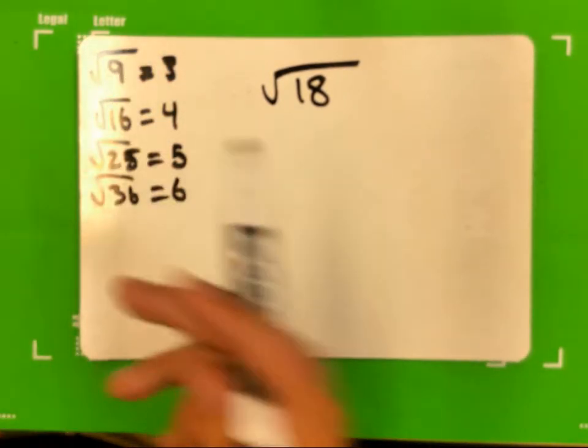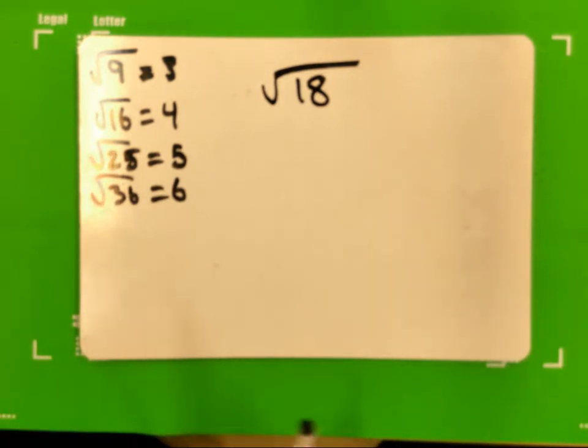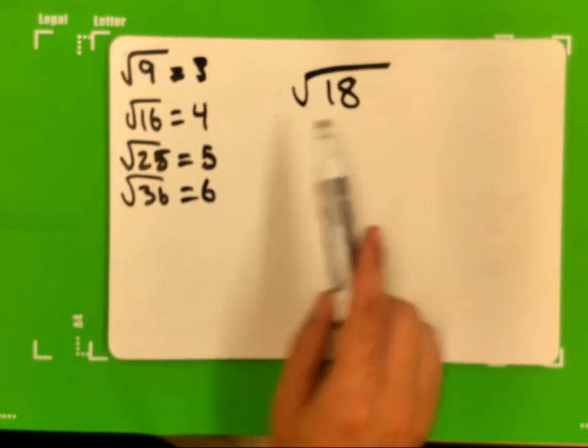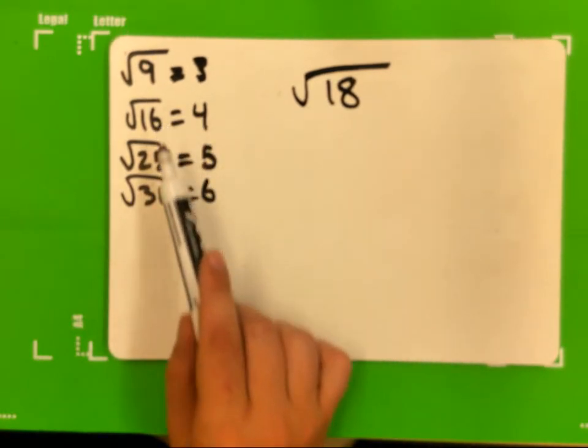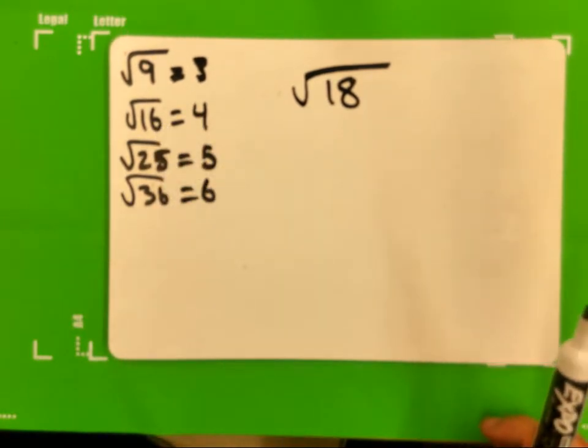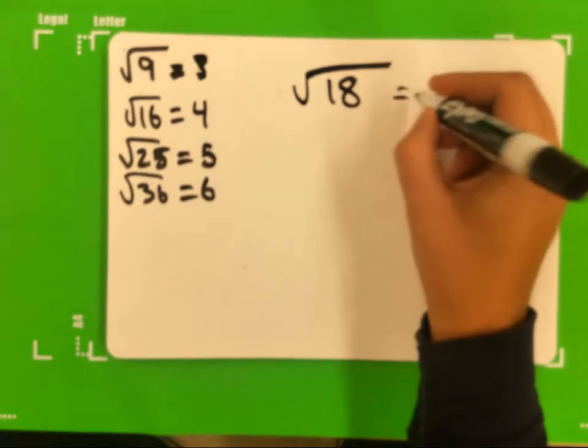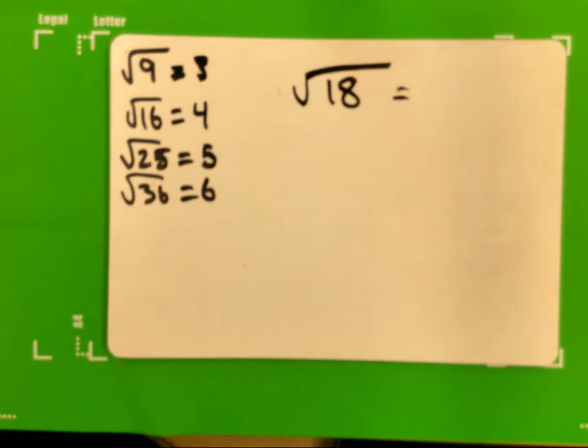Now, if we look at these four, we can see that the square root of 18 is going to fall between the square root of 16 and the square root of 25, which means its answer is going to be between 4 and 5.